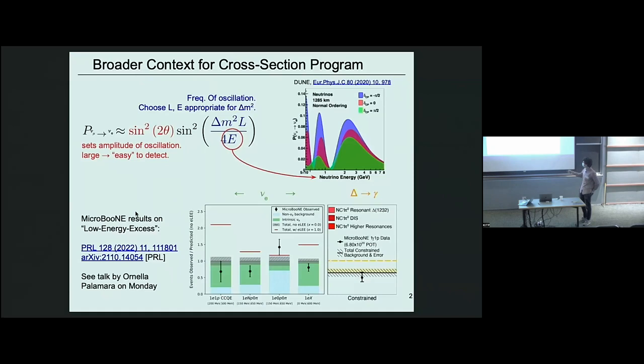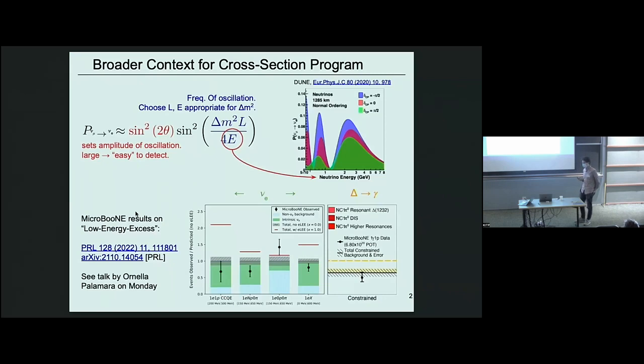Another important aspect is beyond the oscillation program: the experiments that we're running or planning on running have very enticing beyond the standard model physics programs. And these also rely on a good understanding of our neutrino rates, which means good models for those.